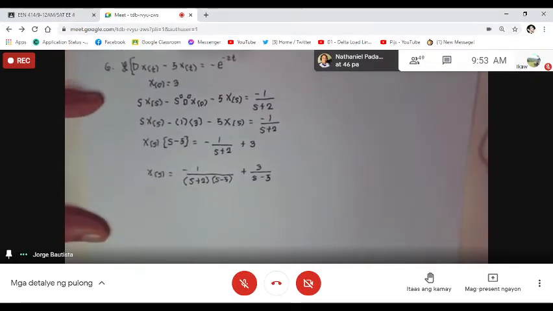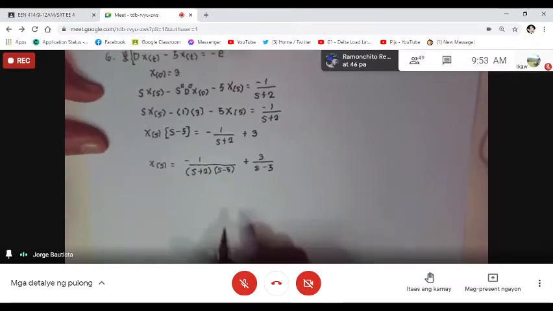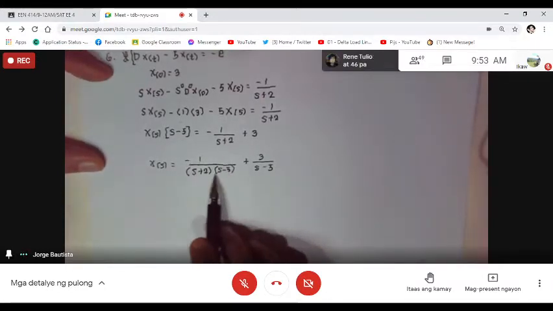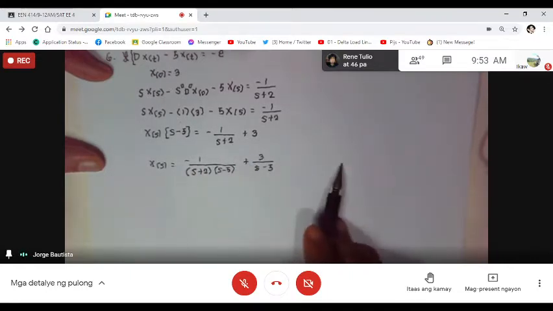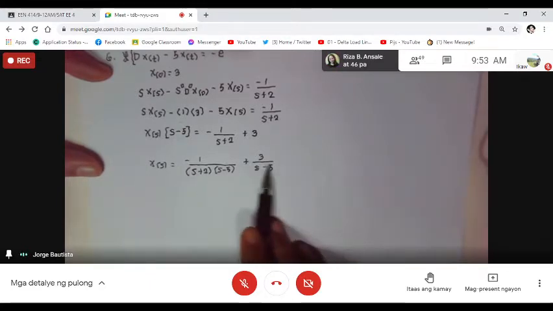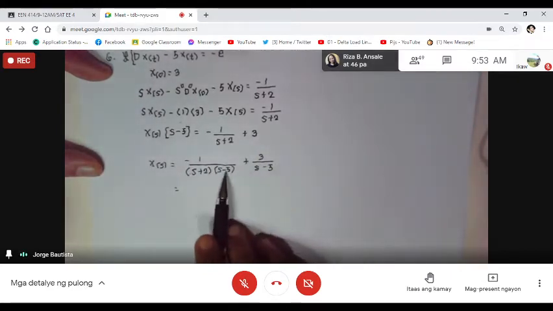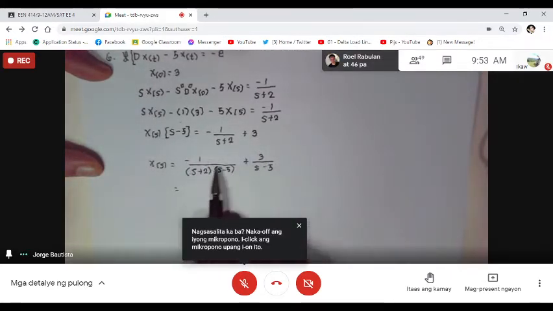Okay, so take the inverse Laplace of each, no? Hindi sabay-sabay. Or pwede rin kung gusto mo, isa na lang. Simple lang kasi ito eh, pero pag complex na yung marami na nakalagay dyan, mas maganda isa-isa.